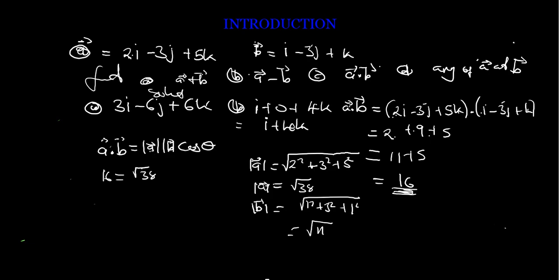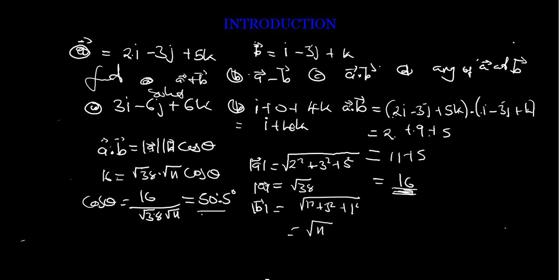We are interested in the angle, so cos theta is equal to 16 over root 38 times root 11. You find your answer should be something like 50.5 degrees. So that's how you find your angle.